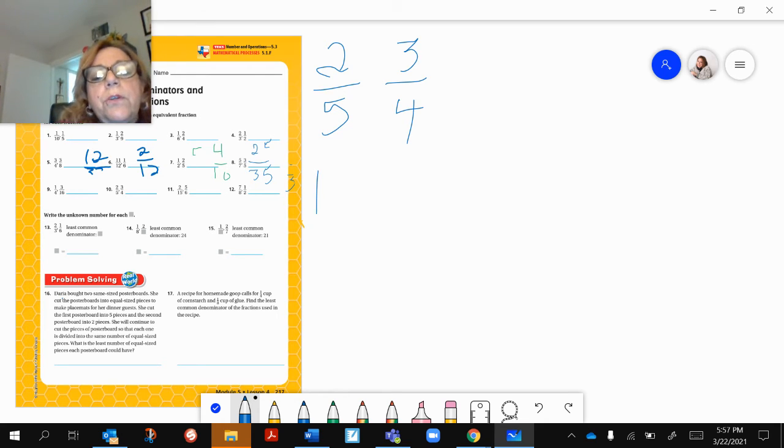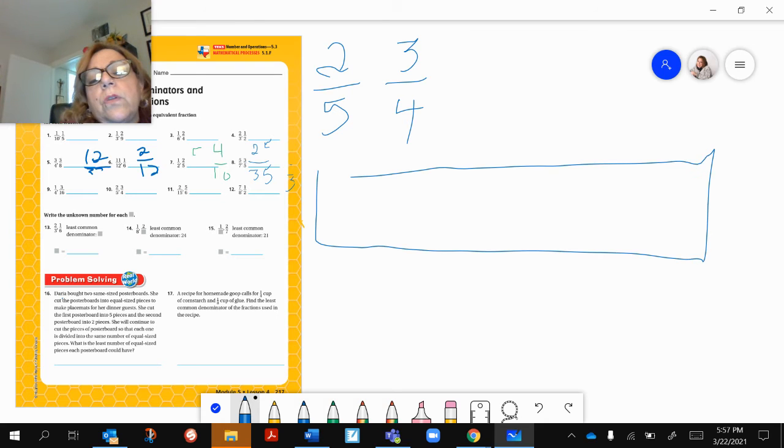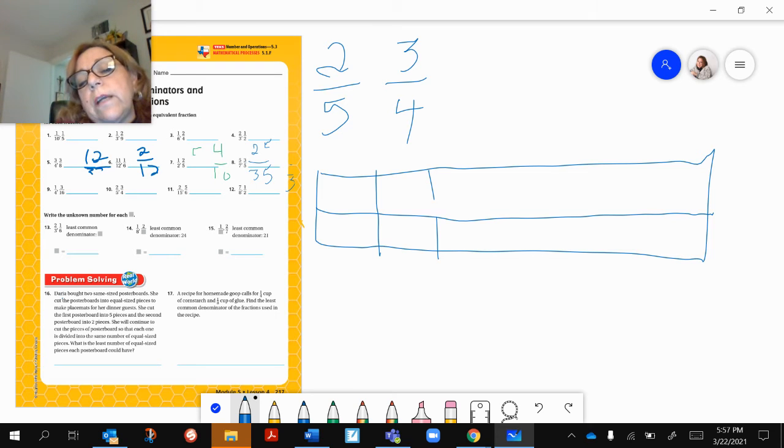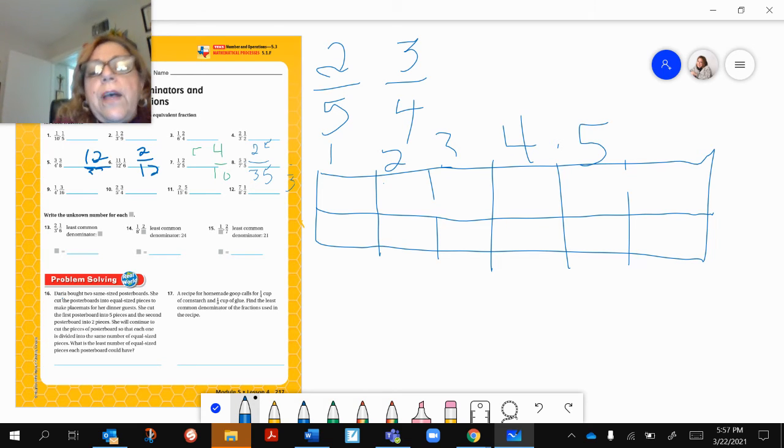I'm going back over to make my 2-row rectangle. And now I'm going to draw my lines down. So I have 1, 2, 3, 4, 5. Now I'm circling my denominators. I'm going to put 5 and 4 in the other.